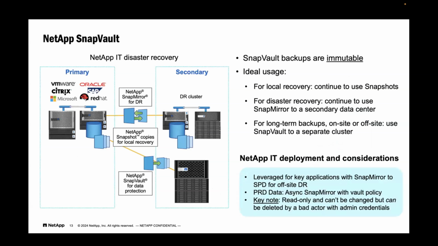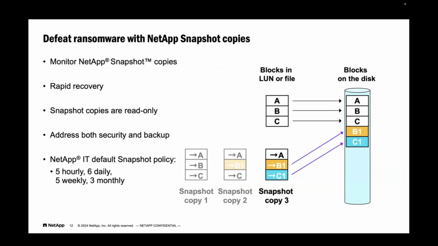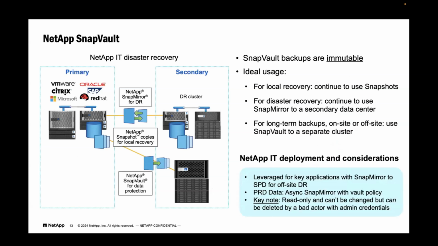And then of course, the snapshots are local, but SnapVault lets you have backups on remote for extended periods. So we have that enabled, either SnapMirror and Vault, for all of our production volumes for sure. And nobody can change it.